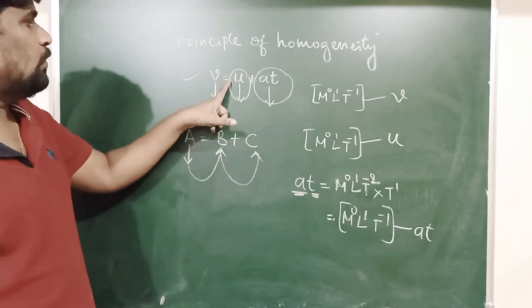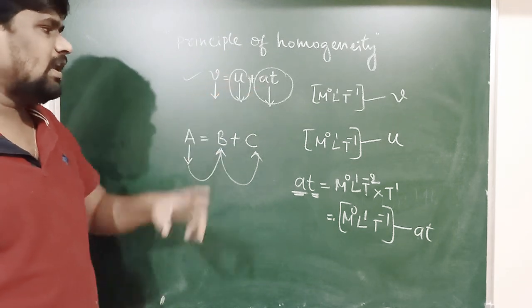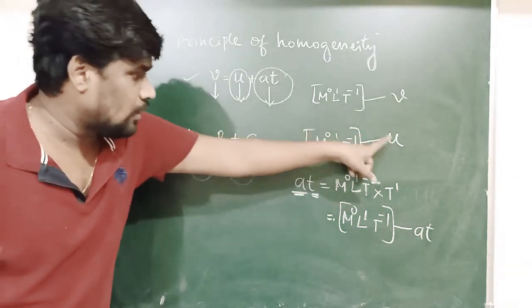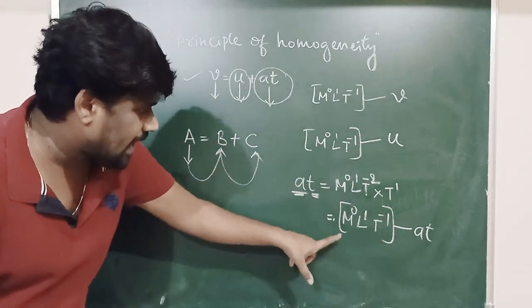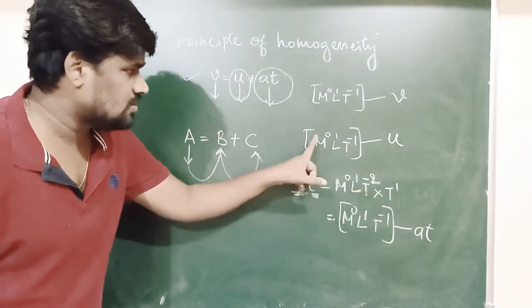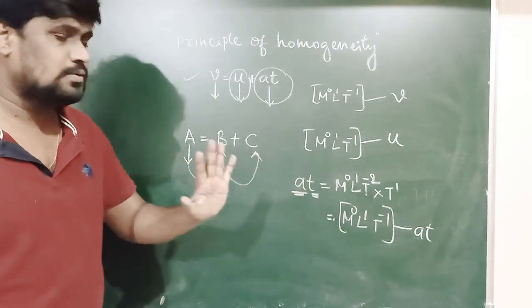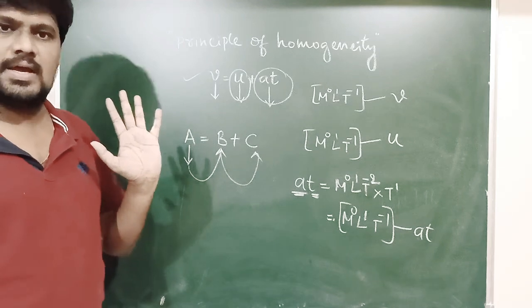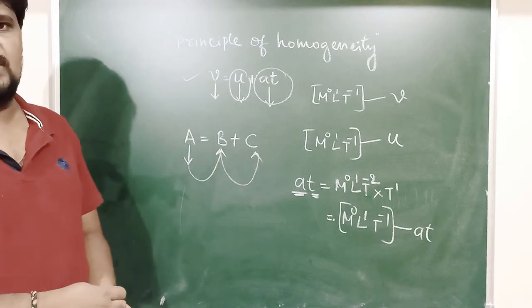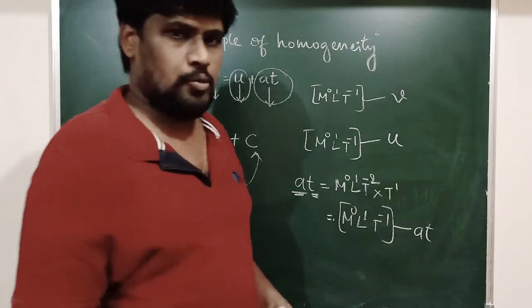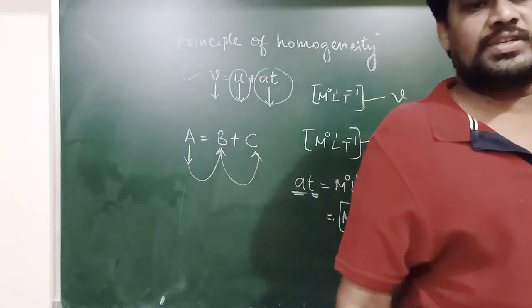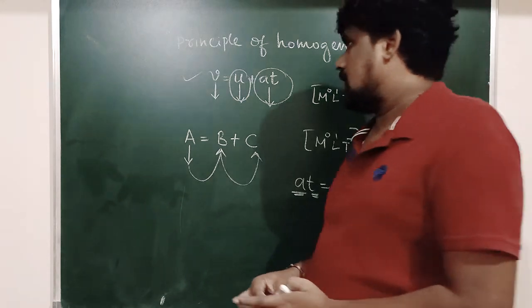See another one, U is added to AT. Why? Because U and AT both have same dimensions. Here a question comes: can we add force to velocity?